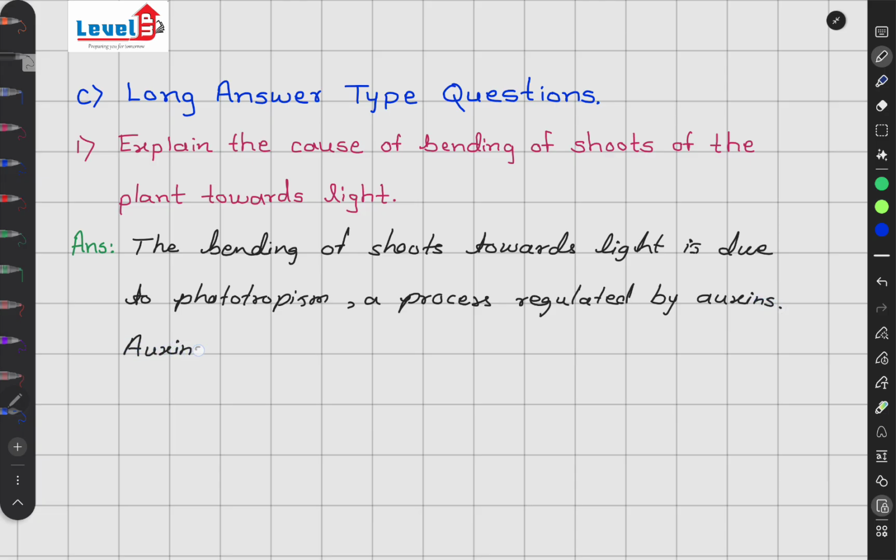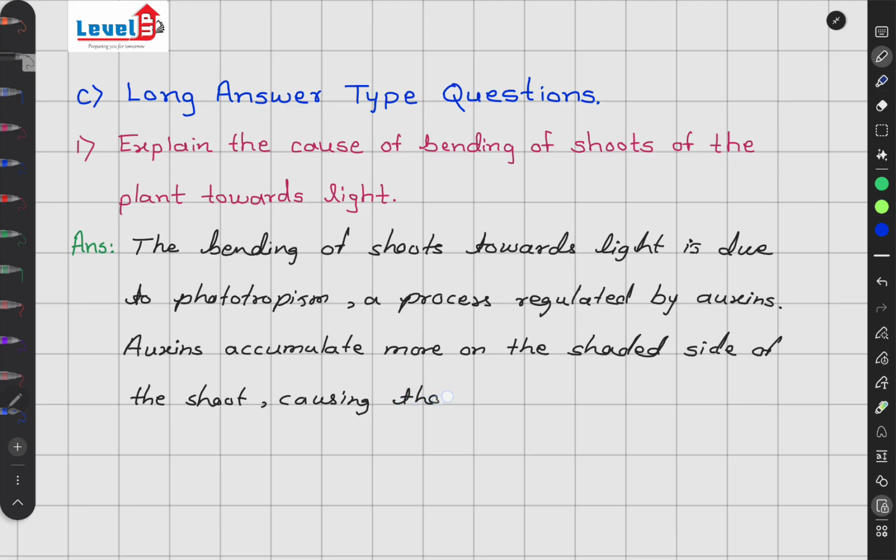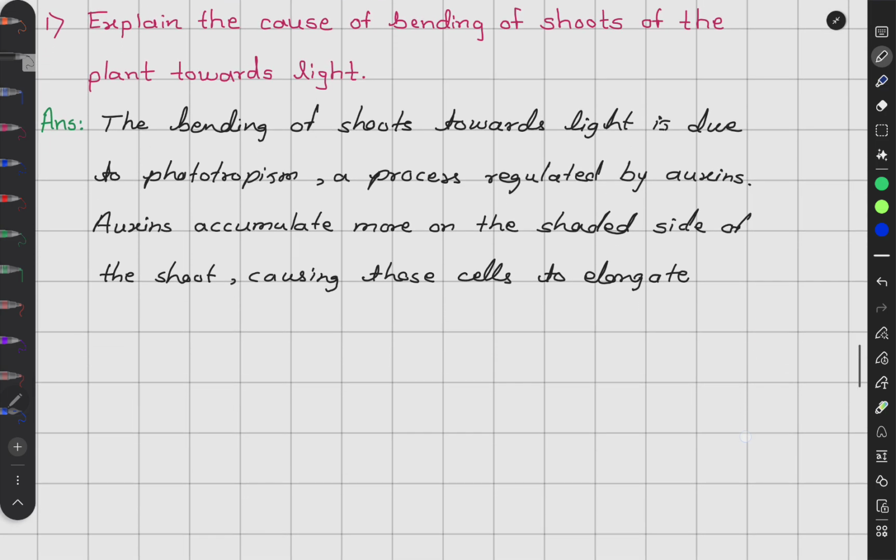Auxins accumulate more on the shaded side of the shoot, causing those cells to elongate more than those on the illuminated side.